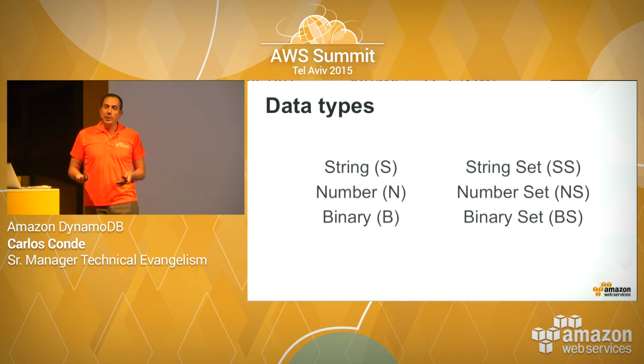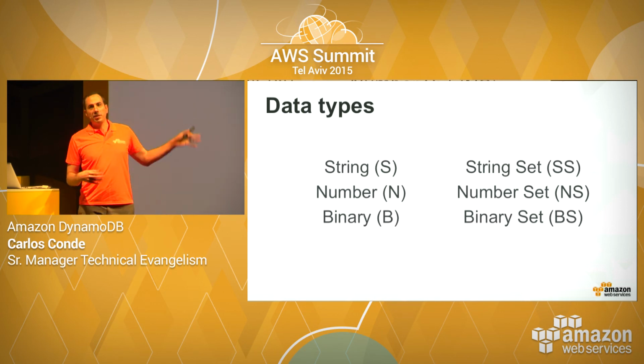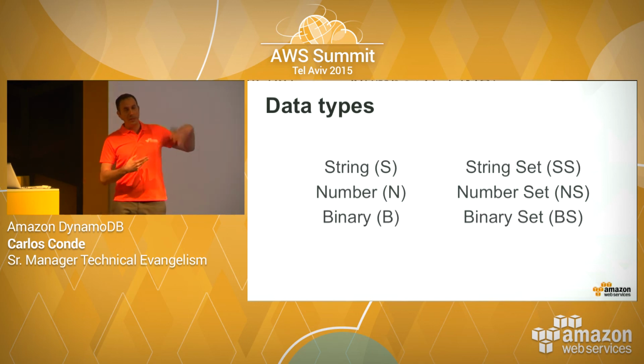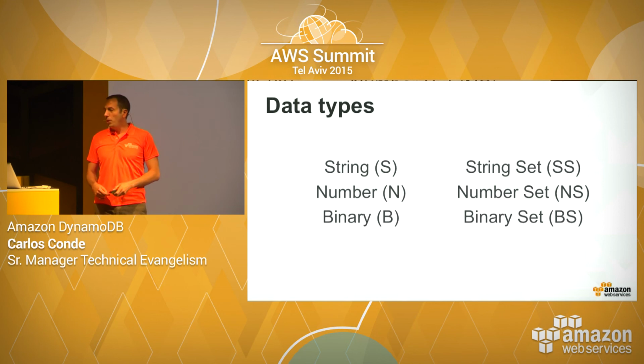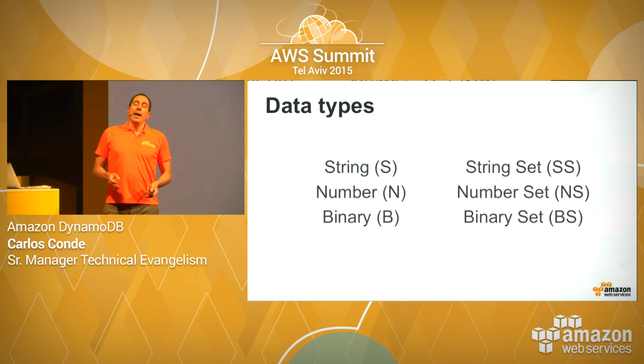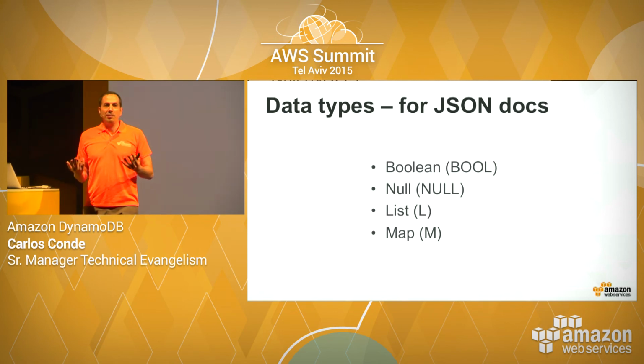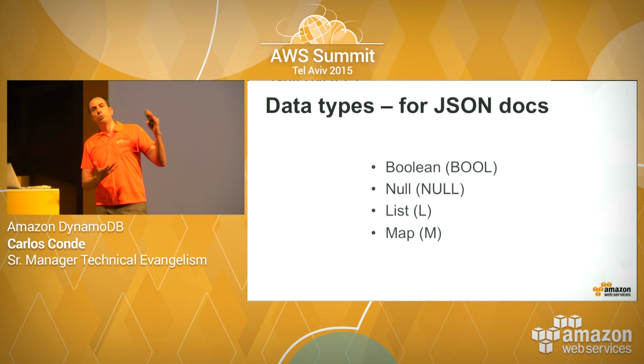So regarding the data types, you have fairly classic data types like strings, numbers, binaries that you can also augment with sets. So sets of strings, of numbers, of binary data. And DynamoDB is not only a key value store, it's also a document database. So you can store complete JSON structures inside a DynamoDB table.